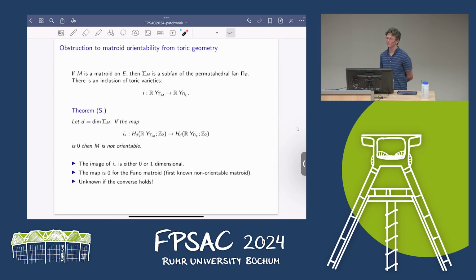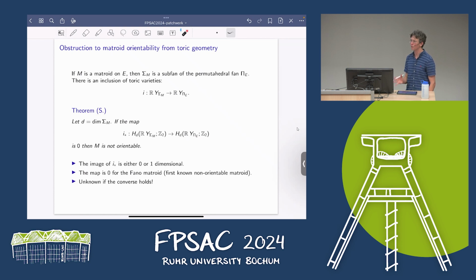The other kind of unfortunate thing about this map, if we want to think about having different orientations of the same matroid hanging out in the same ring under this map, is that the image of this map is either 0 or 1. So it means that no matter what orientation you have of a matroid, they're going to go to the same place here. Okay, it's basically the class of the matroid.